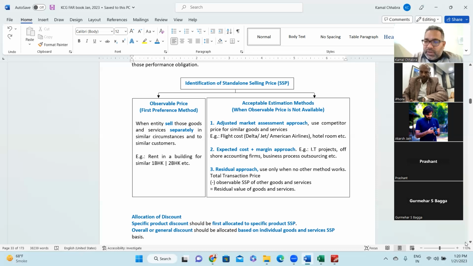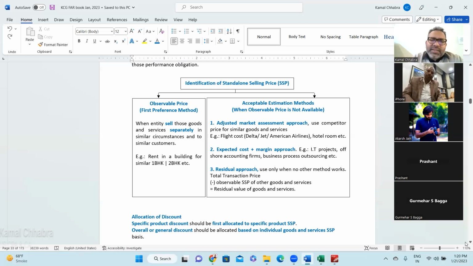One is customer rating. Earlier it was not very important, but in the last 5 to 10 years it has a significant impact, how much customer rating each hotel is getting, despite having a five-star or seven-star category.